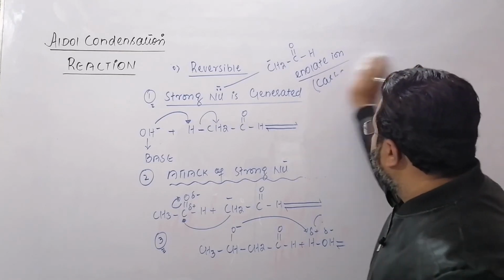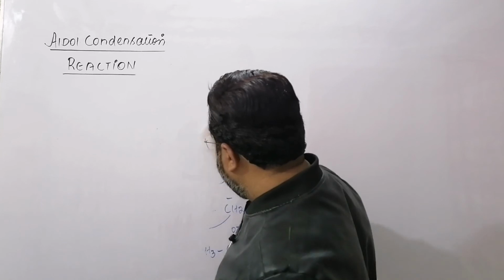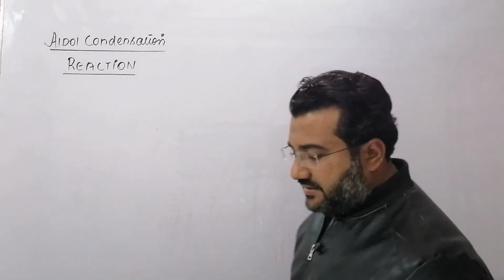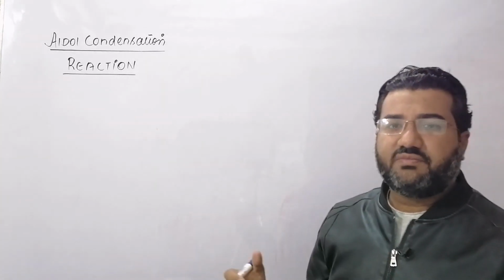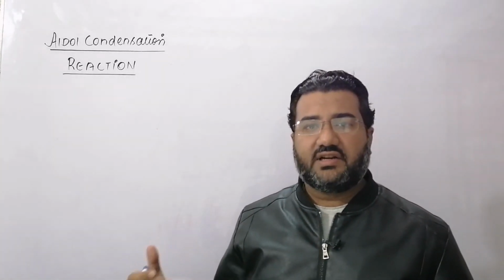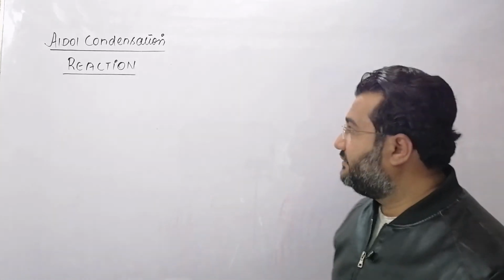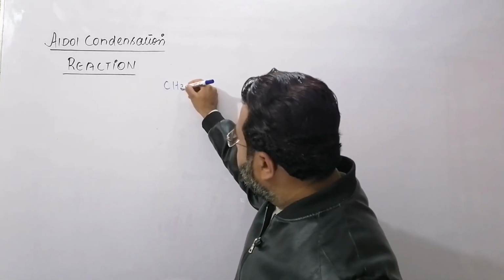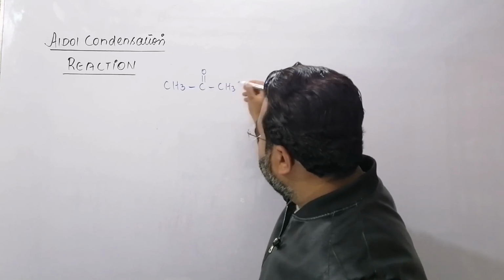Now let us discuss the aldol condensation of the ketones. My dear students, all those ketones which are enolizable ketones, meaning they have alpha hydrogen atoms, can show the aldol condensation reaction in the dilute basic medium. So for example, we have two acetone molecules.